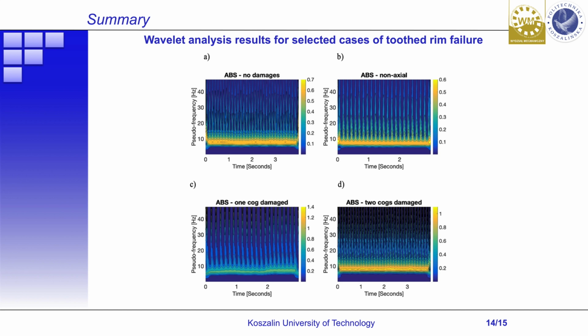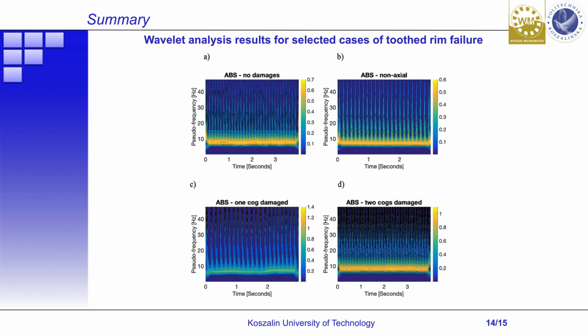The greater the offset of the axis of rotation of the toothed rim from its geometric center, the greater the amplitude of the signal and the greater the noise introduced into the controller, as can be seen in figure B, where components with higher frequencies appear at specific moments in time. This is not seen in figure A, representing the undamaged system.